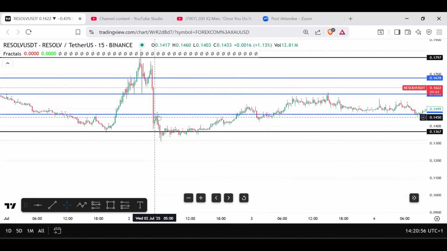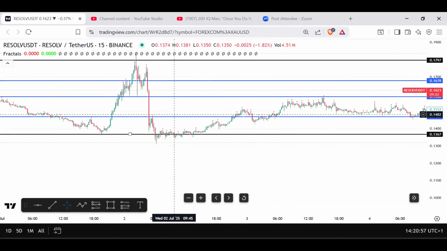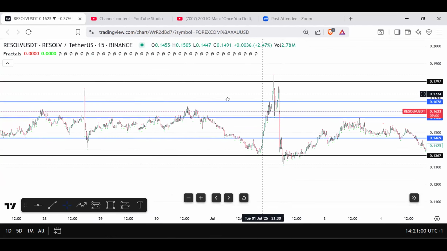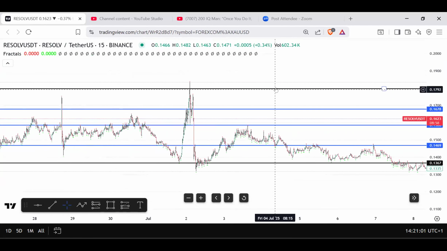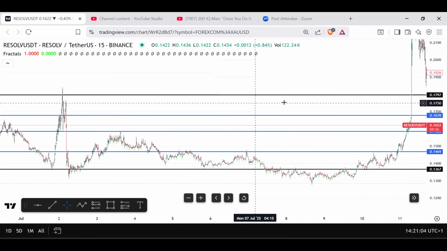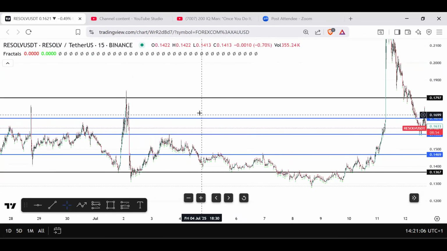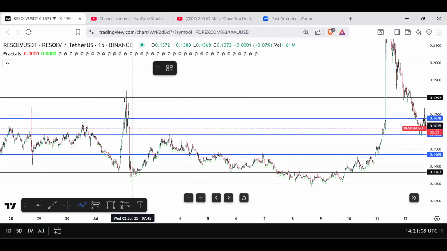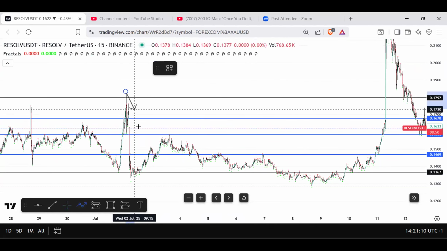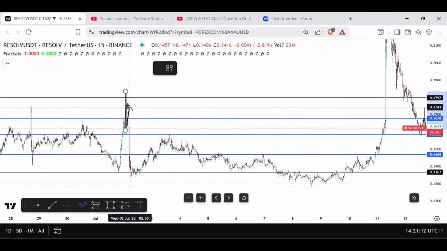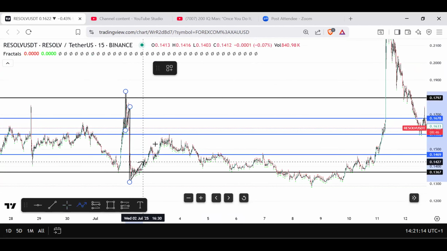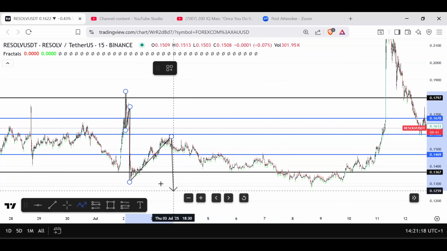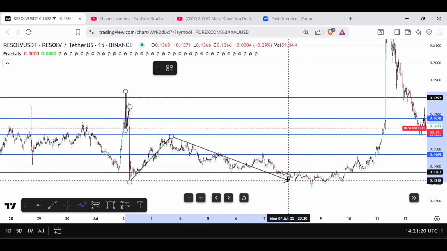There's no inducement here. Then the break of this low.